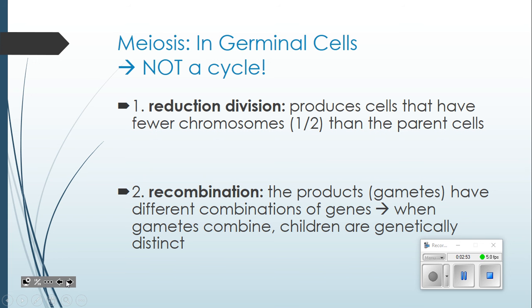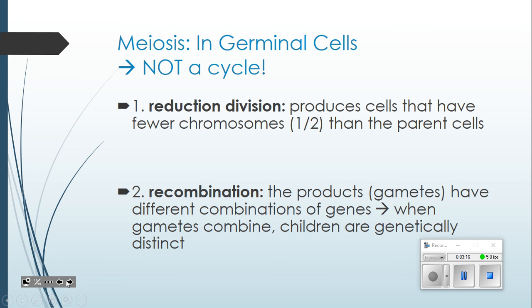Now, because of reduction division, we can have number two. So that's why I said it's the more important of the two. Recombination is possible because of reduction division. So the products of reduction division, gametes, sperm or egg cells, have different combinations of genes.